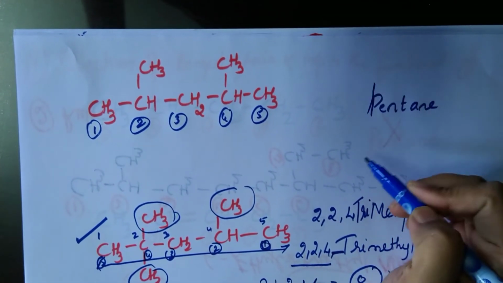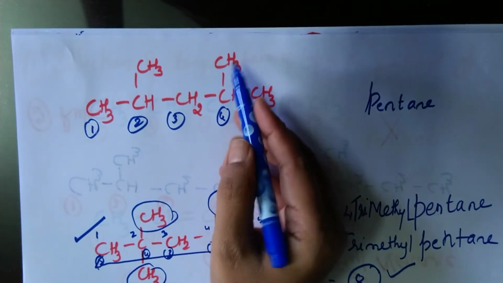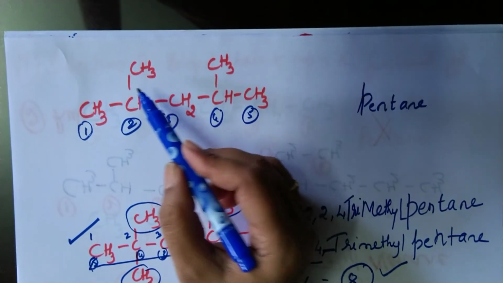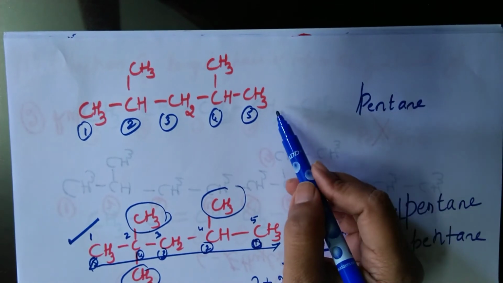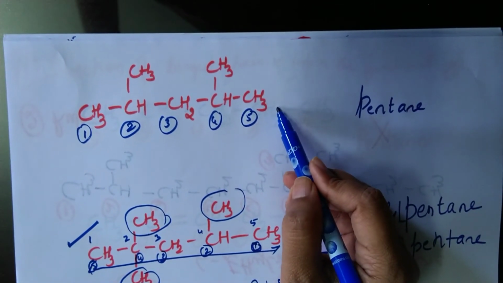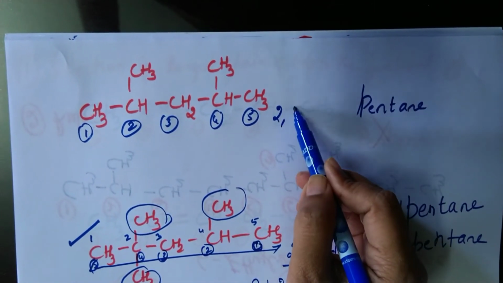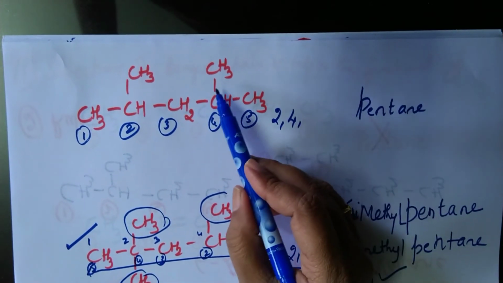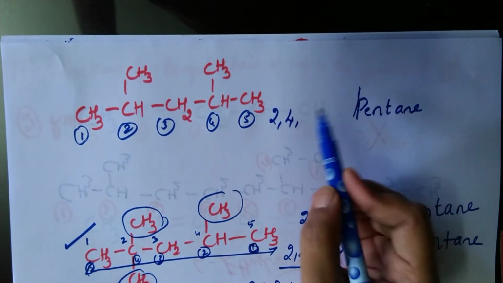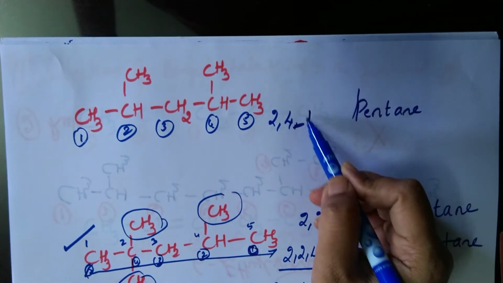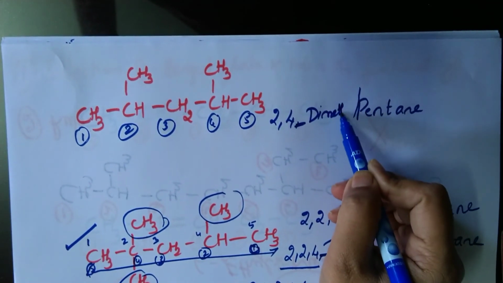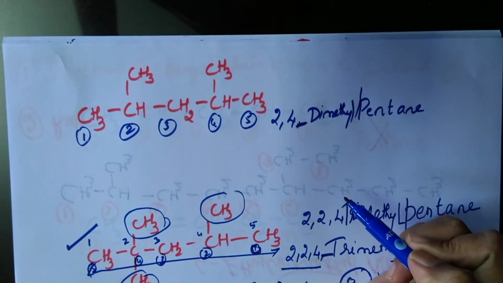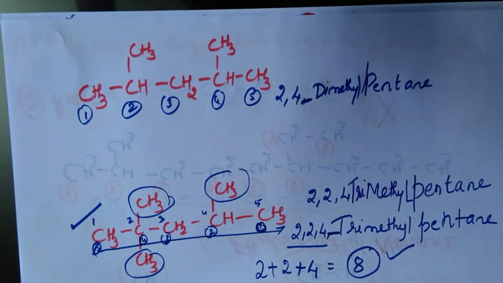I shall write p in small letters because I need to fix these substituents first. I have 2 substituents here. Where are they present? On carbon number 2 and 4. So 2, 4. How many methyl groups? 2. Therefore, 2,4-dimethylpentane is the name of this molecule.